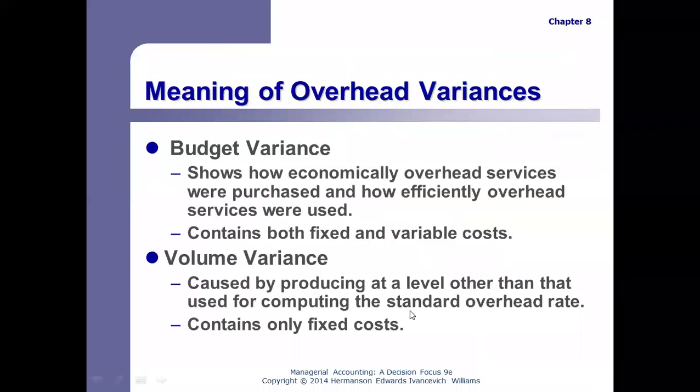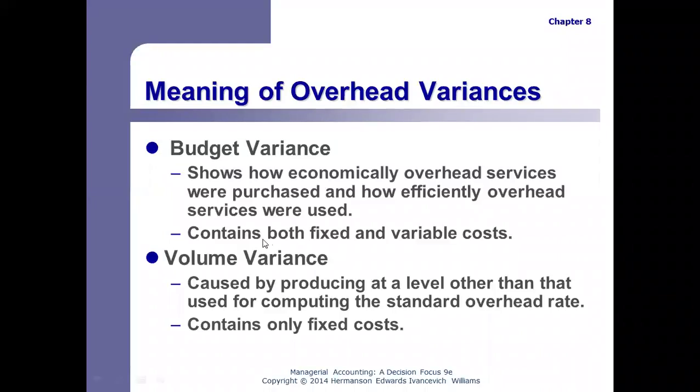Here's what those overhead variances mean. Budget variance is how cheaply we were able to buy the overhead, whatever was in overhead. And there's all kinds of stuff in there, for example, electricity. So how much less or more did we pay for those overhead items than we had budgeted? And how efficiently did we use that overhead?